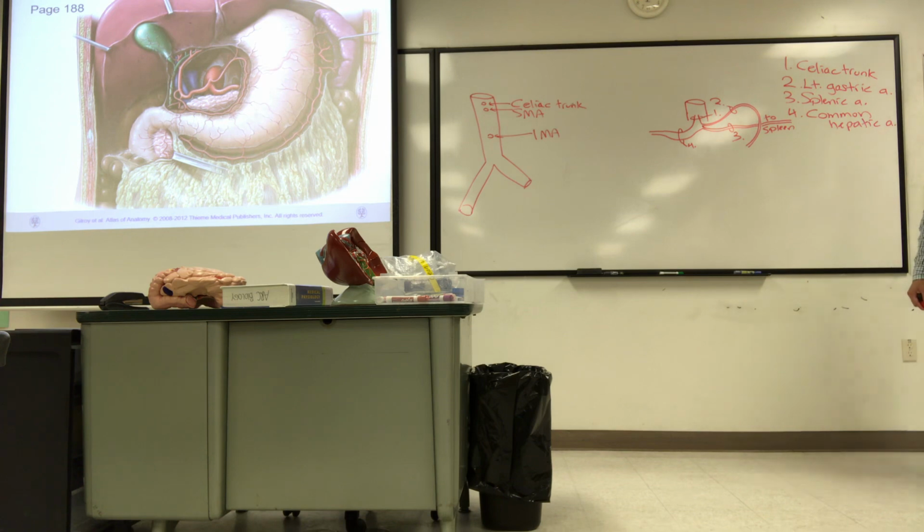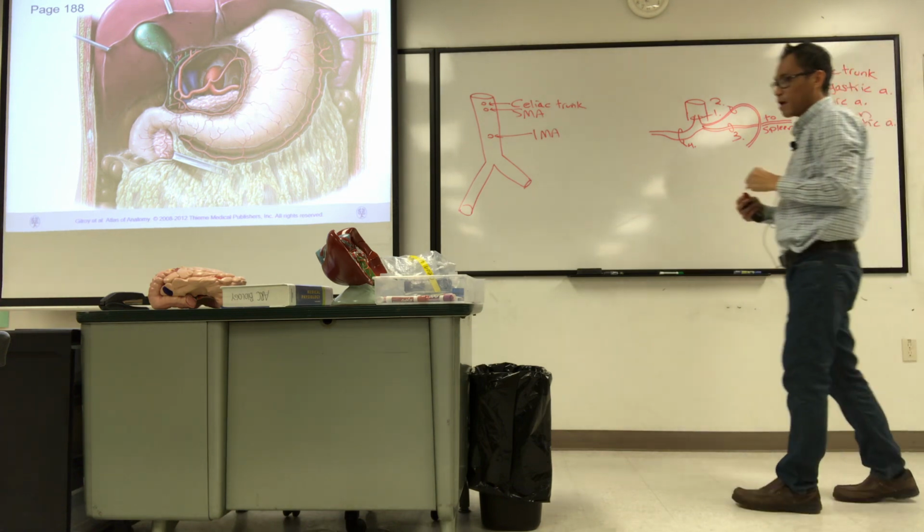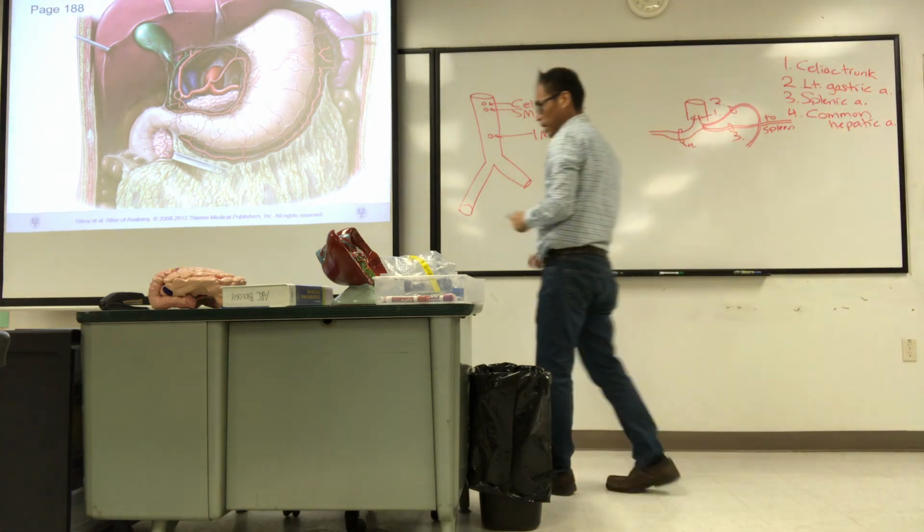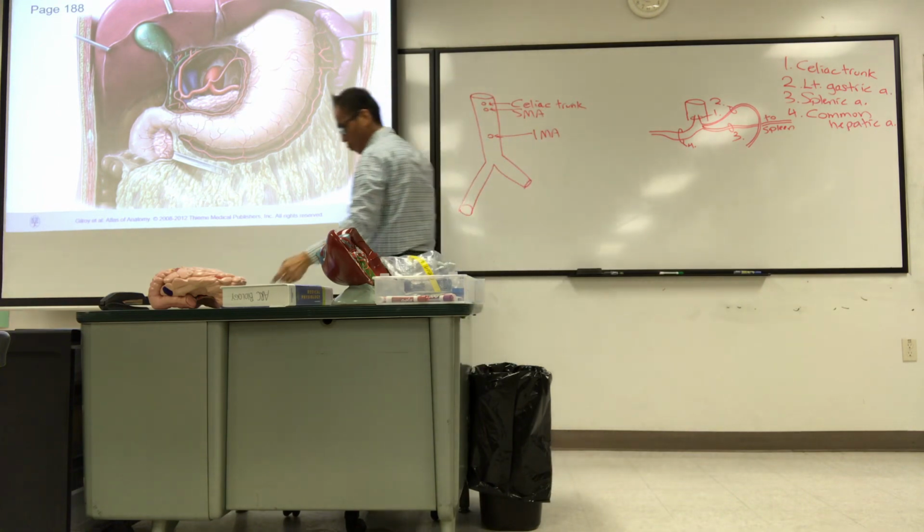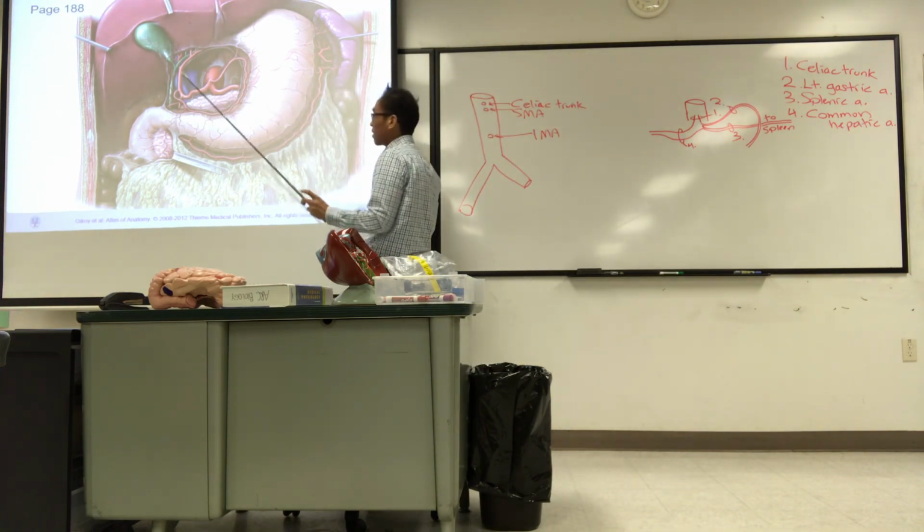It's common to a couple of things. Now, the first branch it gives off, it's hard to see, goes down to the stomach and duodenum. It's right there.